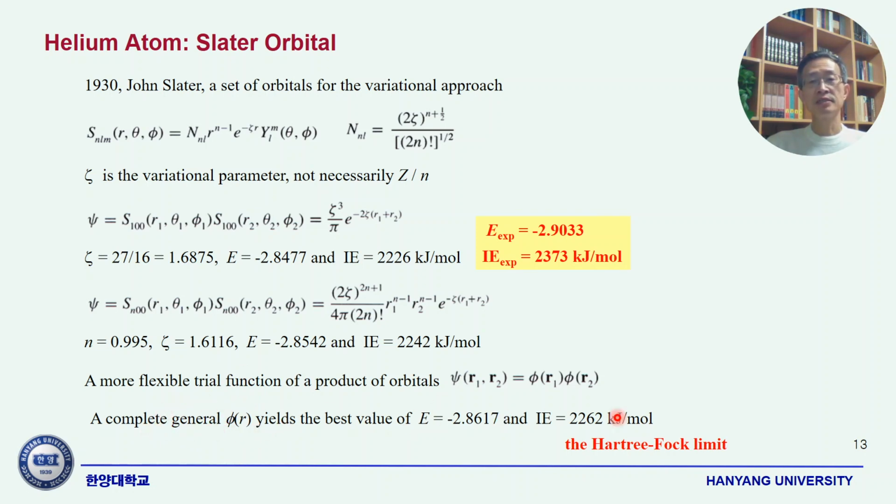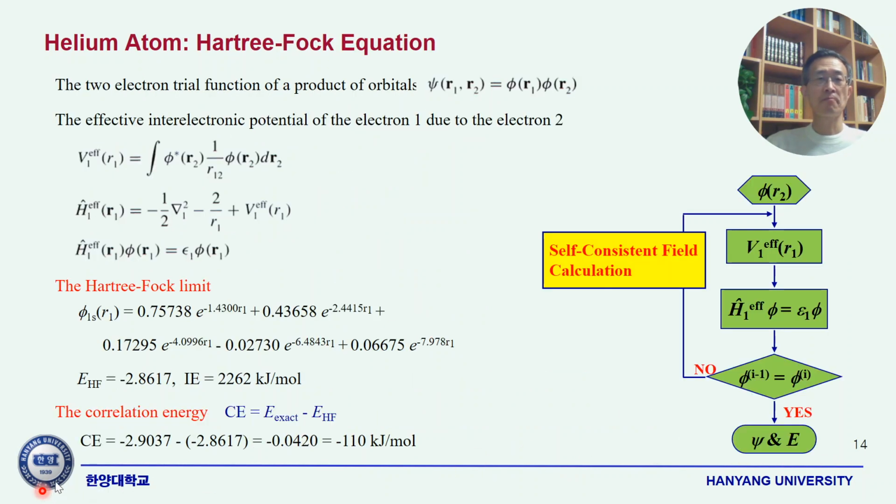Okay, and this is the limit of doing this product wave function. The orbital product wave function is the limit, and that limit we call the Hartree-Fock limit. Remember this term. This is very important. Hartree-Fock limit.